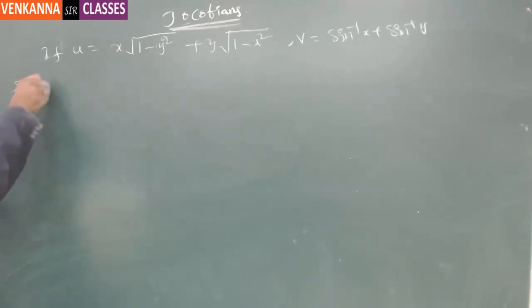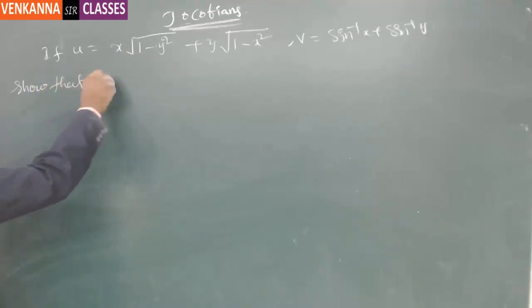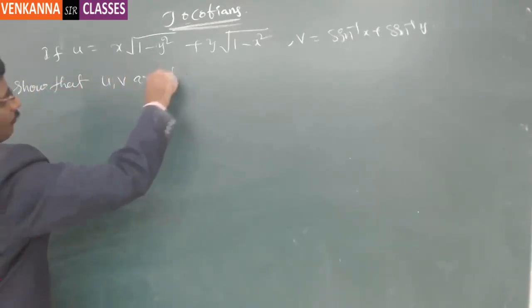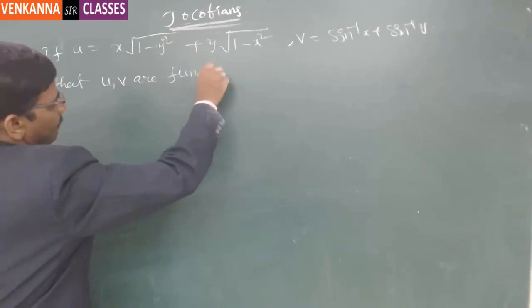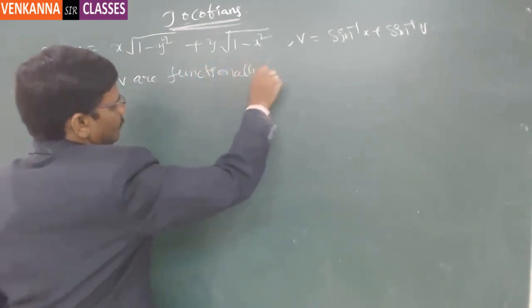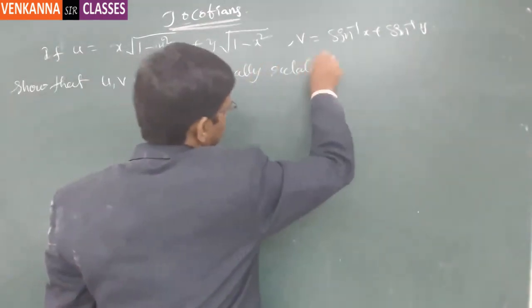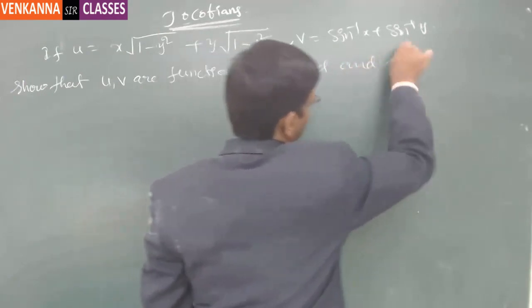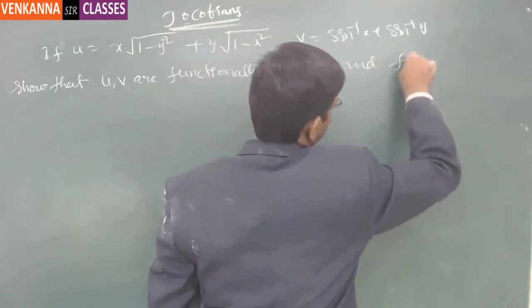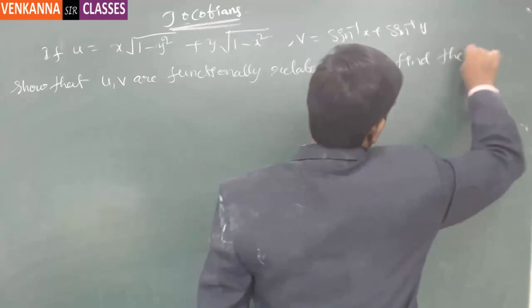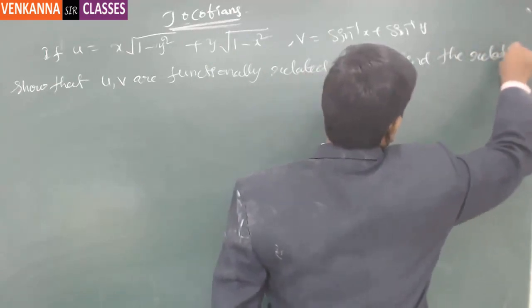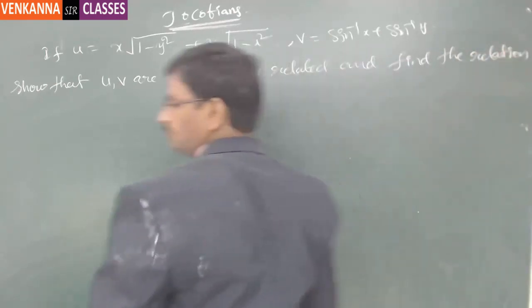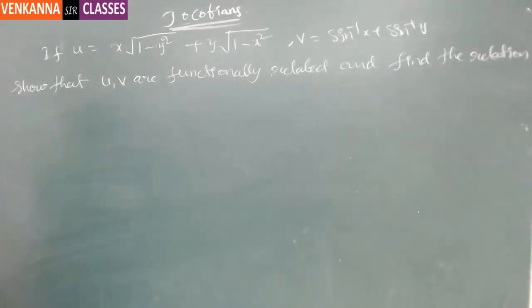Show that u, v are functionally related, and find the relation. By functionally related, we mean the Jacobian has to be 0. So find the relation after finding the Jacobian.